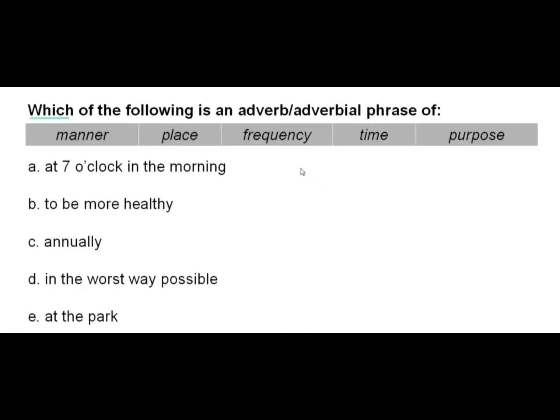And now, time for you to practice on your own. Read the following sentences and decide which is an adverb or adverbial phrase of manner, place, frequency, time, or purpose. A. At 7 o'clock in the morning.